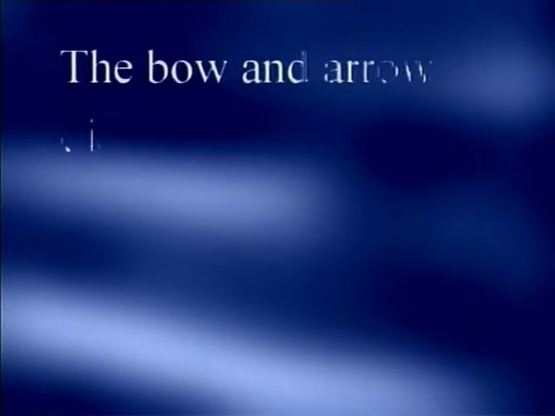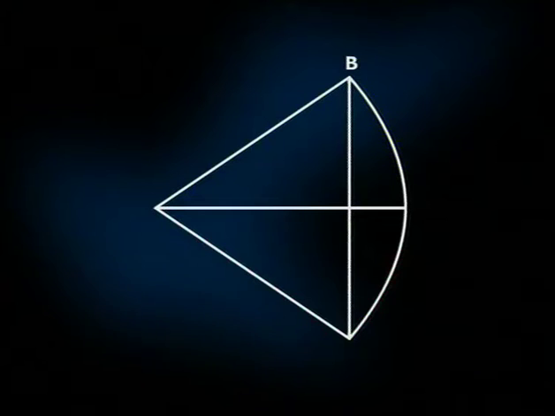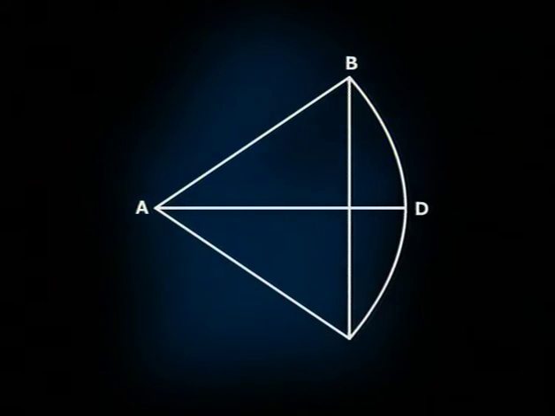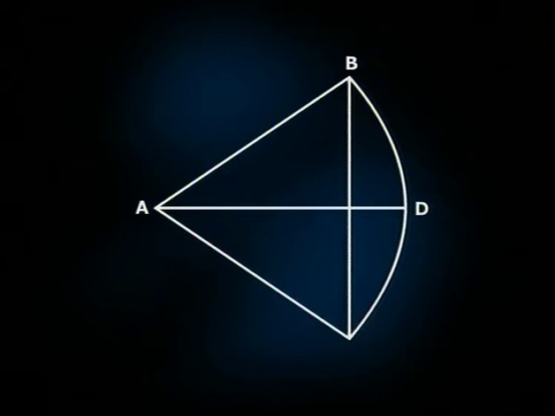Let's understand the meaning of sine with this bow and arrow diagram. Consider the angle BAD in this figure and assume that A is the center of a circle of unit length. Do you remember the unit circle we talked about earlier?